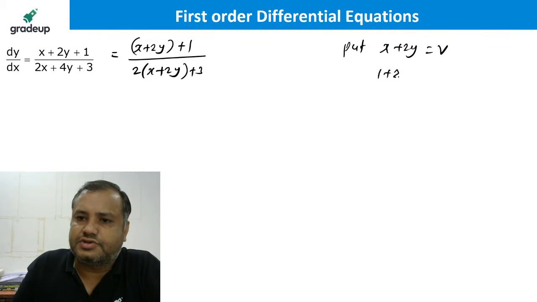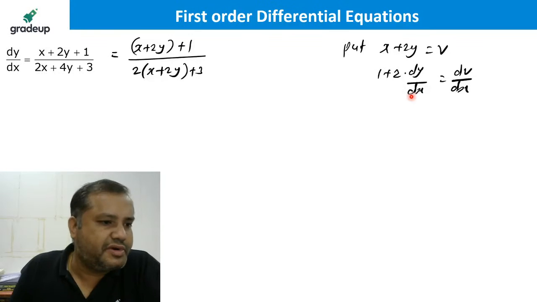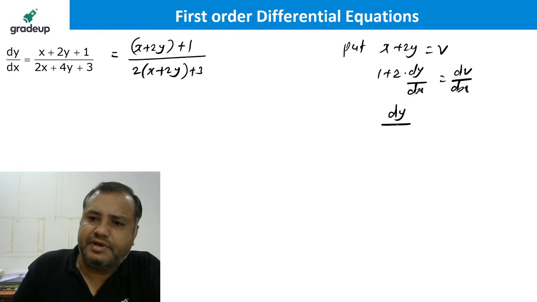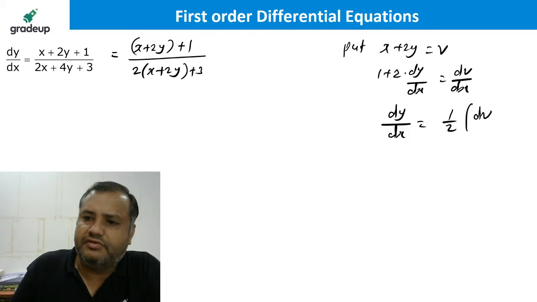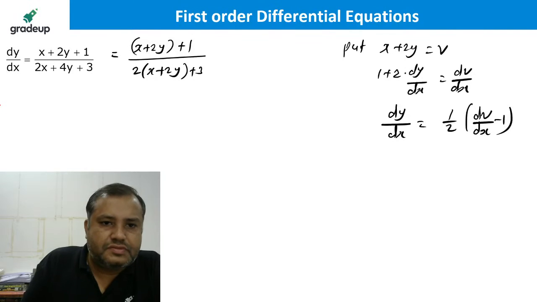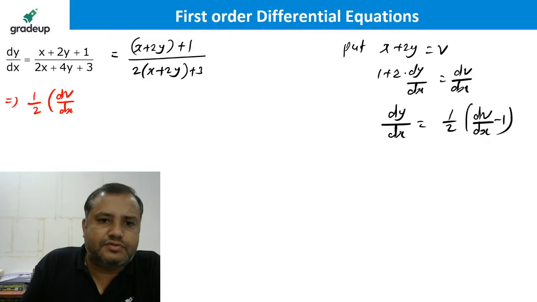So 1 plus 2 times dy by dx will be dv by dx. So dy by dx will be 1 by 2 (dv by dx minus 1).